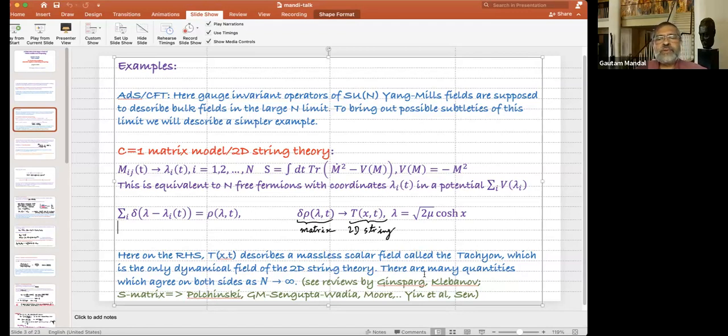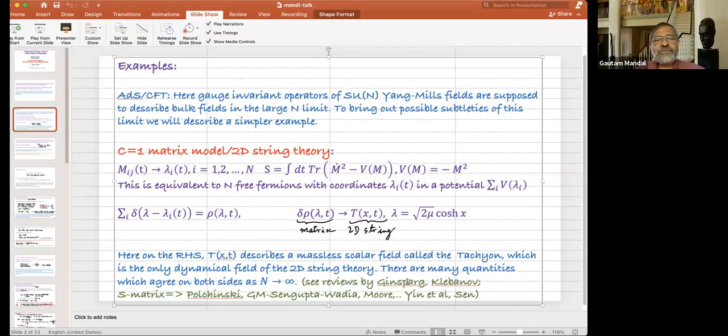So this is what I said. Now there are many quantities which have been computed to verify this duality, and in the large N limit, the two sides agree with regard to many quantities.